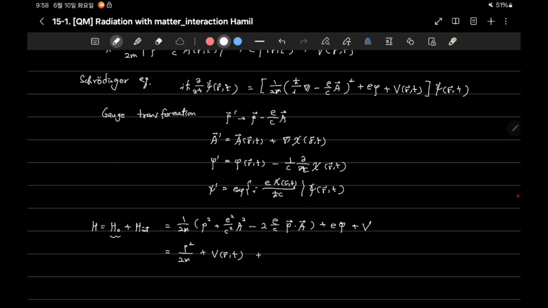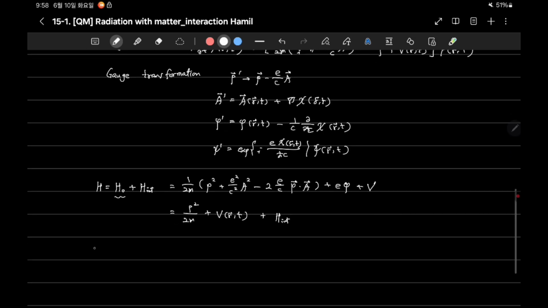The other part is the interacting Hamiltonian. From the classical point of view this can be written with the term 2p·A, but in quantum mechanical description the momentum is not a quantity but a mathematical operator. So it is not p·A but p·A plus A·p in the quantum mechanical point of view.